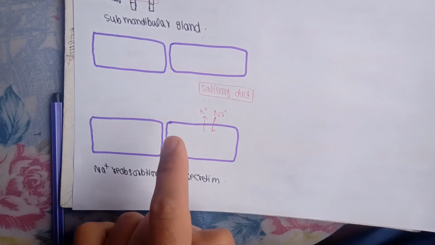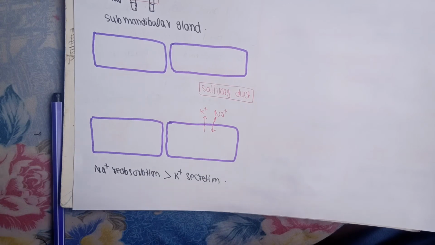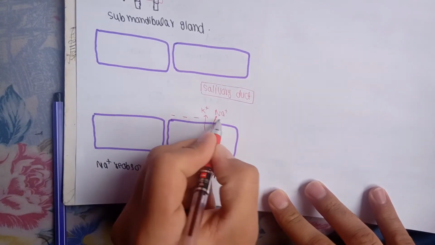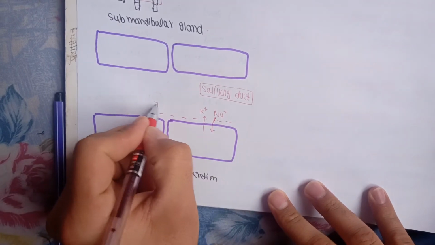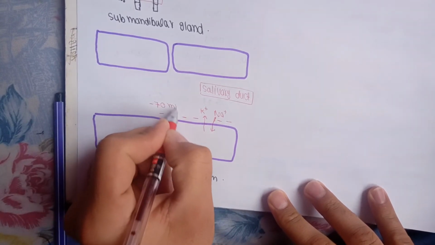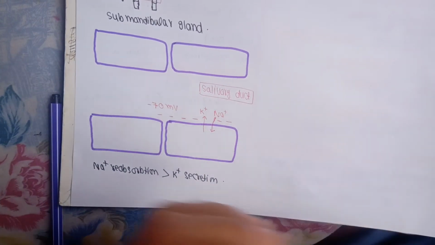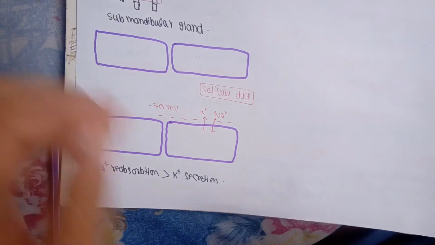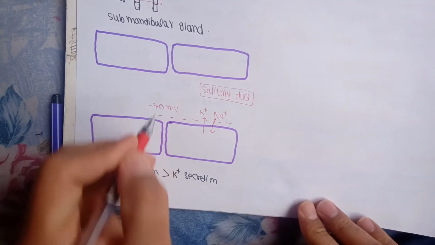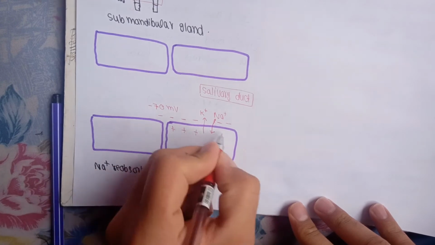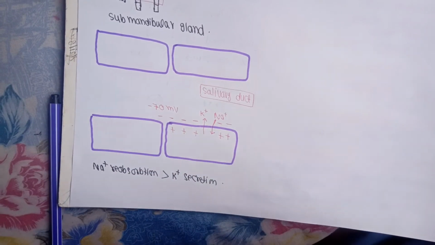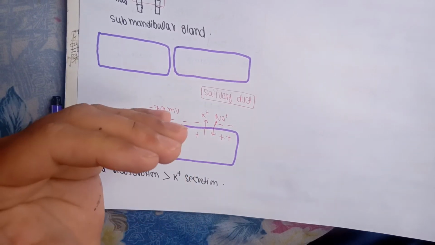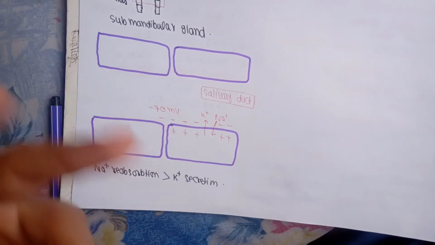So actually here a potential difference is created, which has the value of minus 70 millivolt. It means that the inner duct becomes negative, minus 70 millivolt, as compared to the cell. So in the cell positive ions will be more, and in the duct negative ions will be more. So between the inside of the cell and the outside there is a potential difference of 70 millivolt.